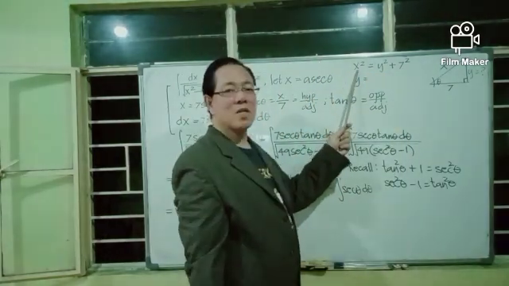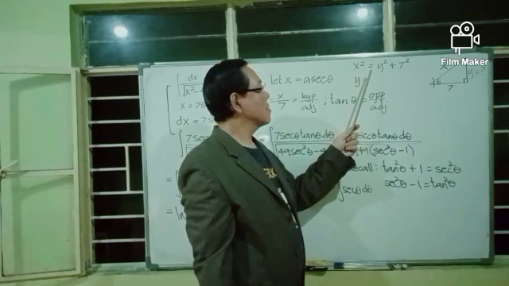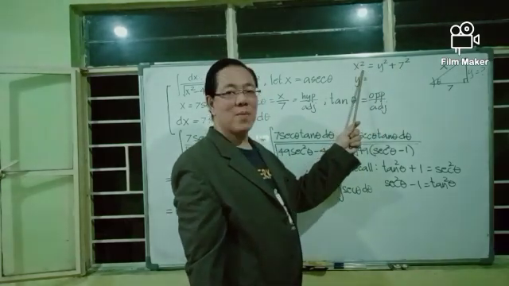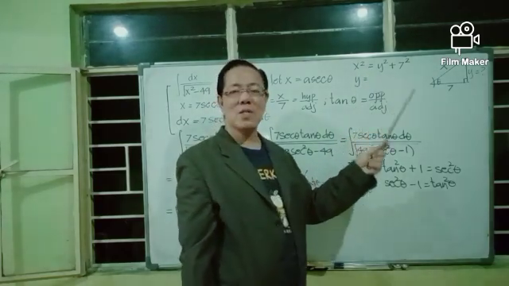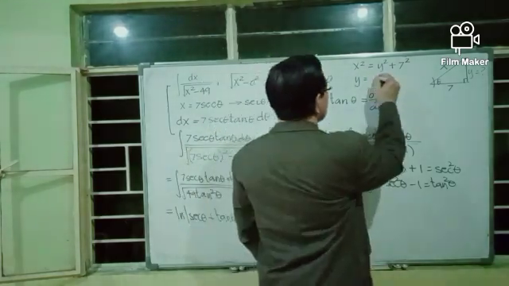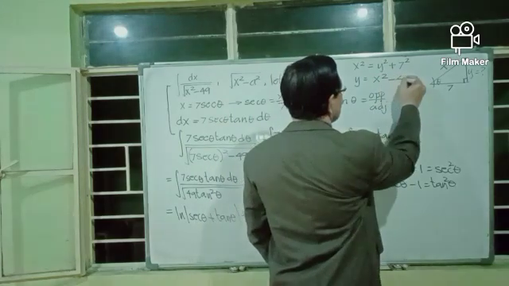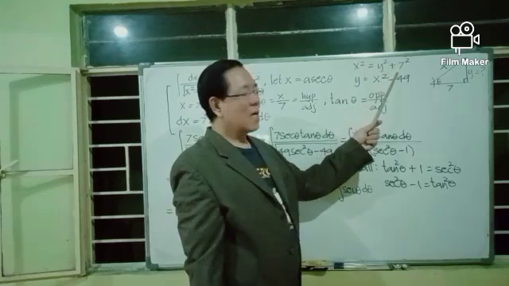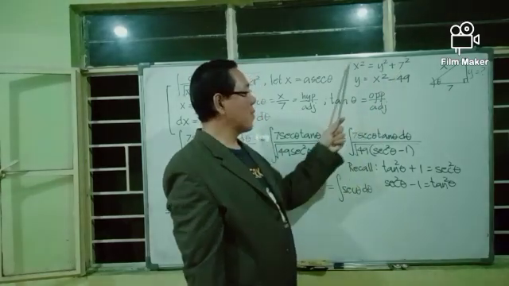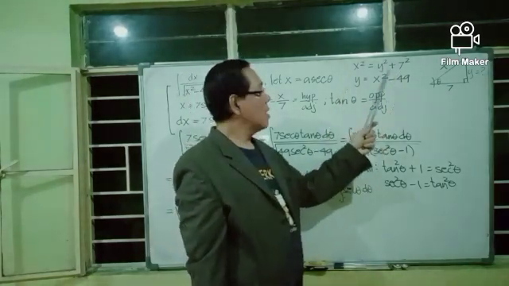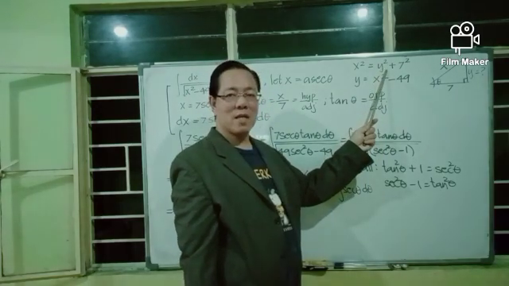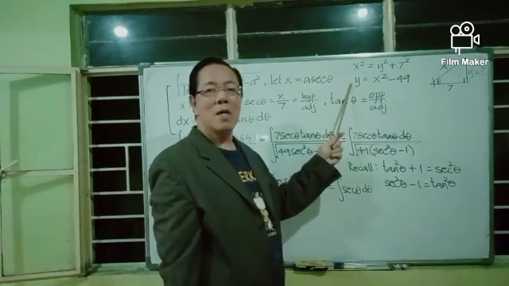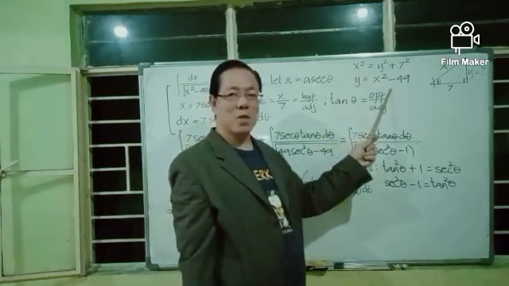And from this equation, we can solve for y. Transpose 7 squared to the left hand side, we have x squared minus 7 squared, which is 49. Again, 7 squared is 49, transpose to the left, minus 49. And we have y squared at the right hand side, and to get y, we take the square root of both sides.